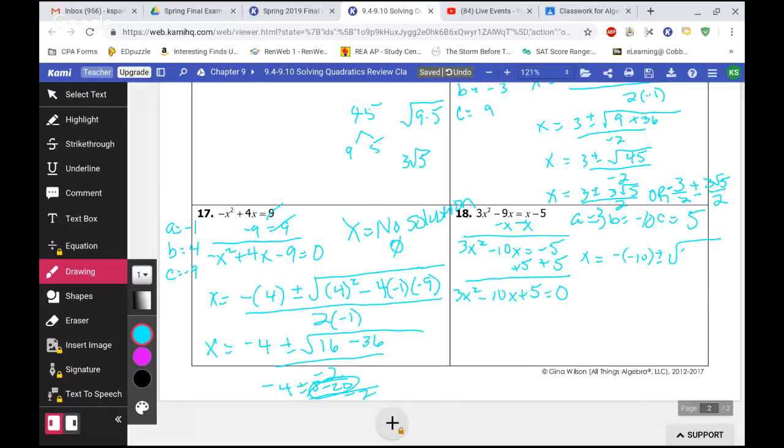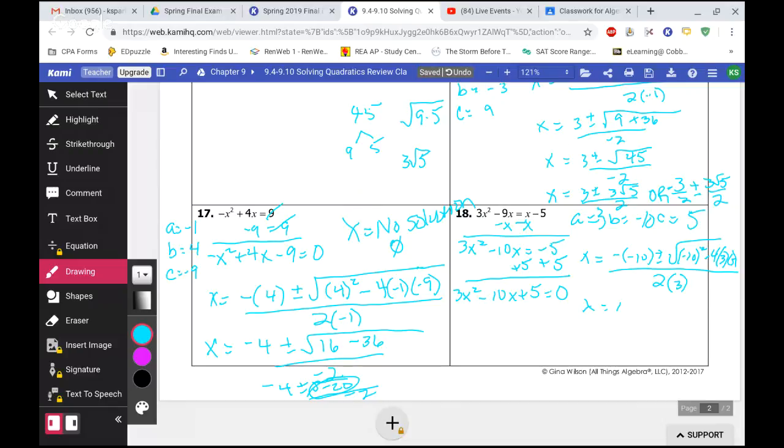The square root of -10 squared minus 4 times 3 times 5. Ooh, tiny. All over 2 times 3.